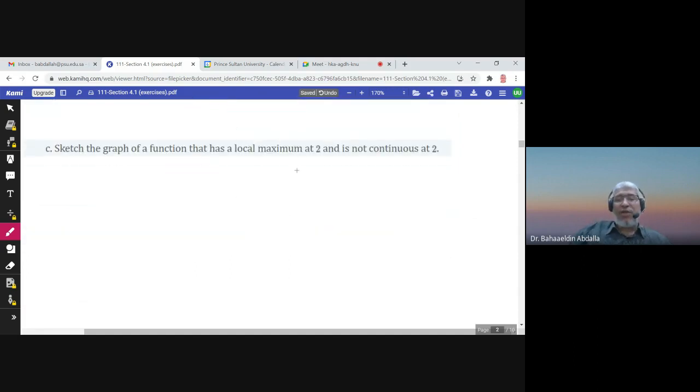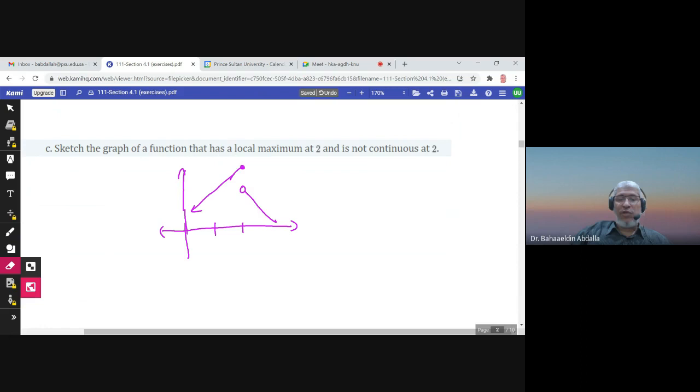Function that has a local maximum at 2 and not continuous at 2. This time not continuous. So if it is like this, and here, for example, like this, so it has a local maximum at 2, and it's not continuous at 2.